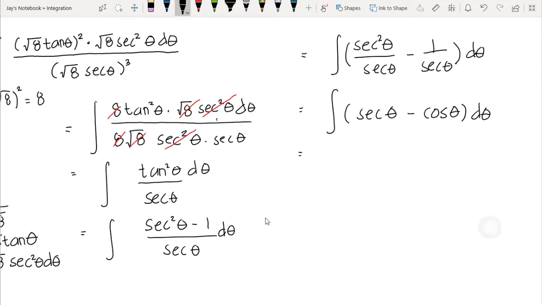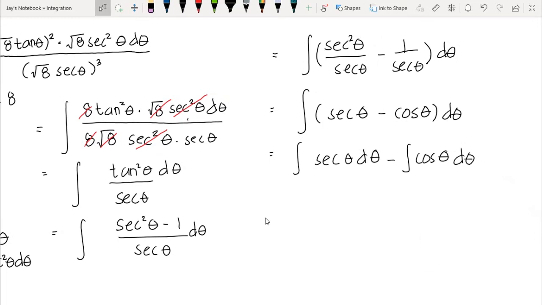Then we can integrate separately. We have the integration of secant theta d theta minus the integration of cosine theta d theta. We know that the integration of secant theta is the natural logarithm of secant theta plus tangent theta.